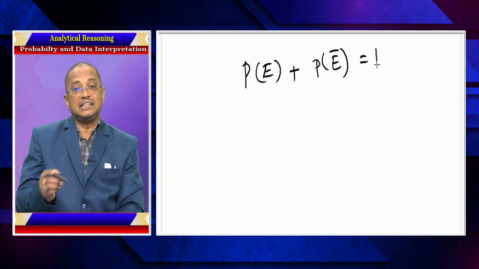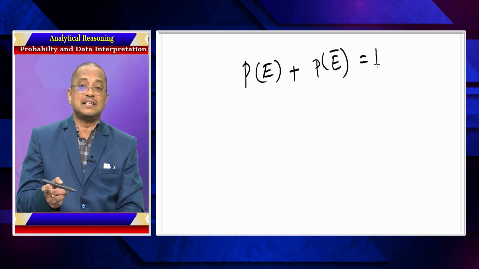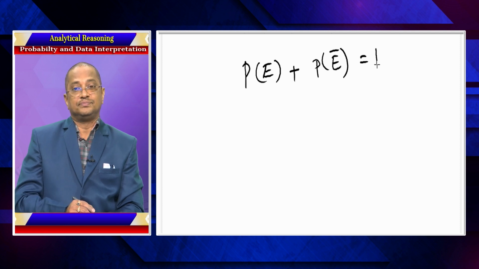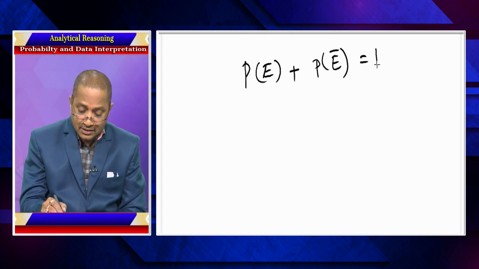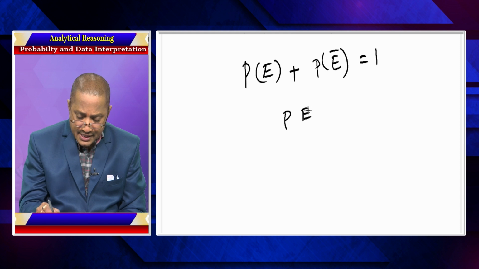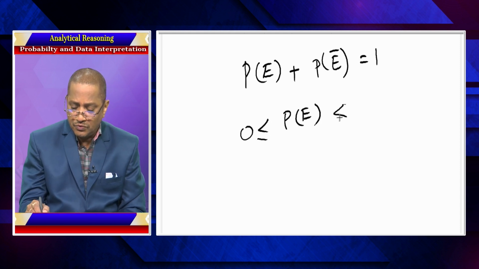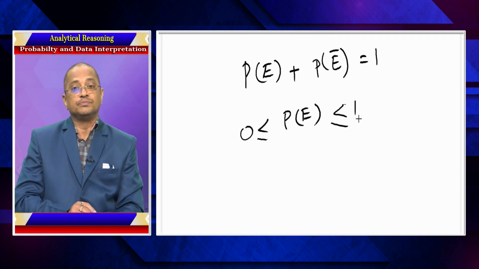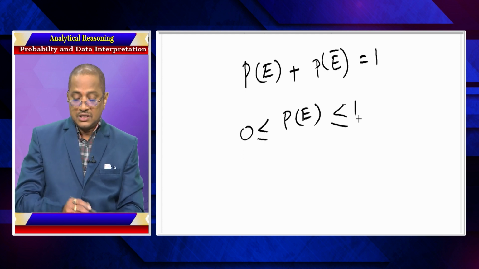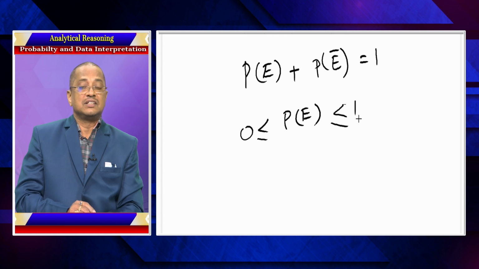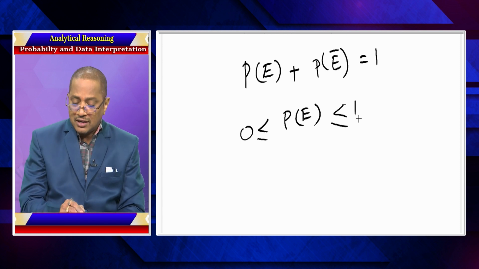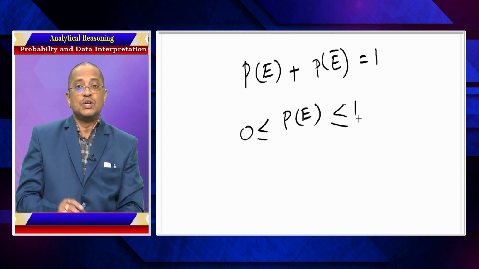E and E bar are complementary events of each other. And the probability of an event always lies between 0 and 1. So, 0 is less than or equal to P of E, which is less than or equal to 1. Clear? In the examination, generally they will ask which among the given values is not a probability of an event.